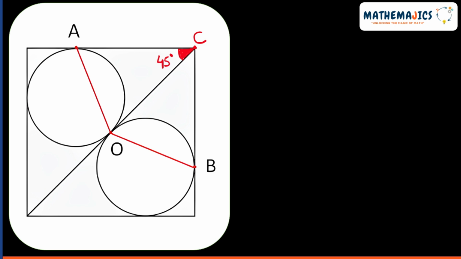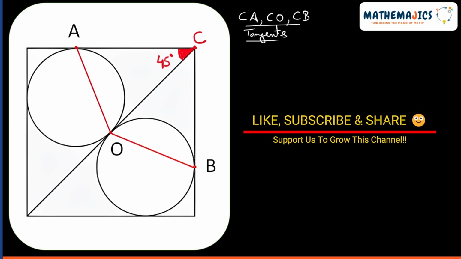As we noted previously that all the line segments touching these two circles at point A, O and B will be tangents to the circle. That means CA, CO and CB will be tangents to the circle. Now, we will use one rule related to tangents and circle.